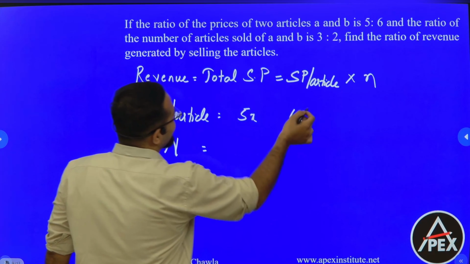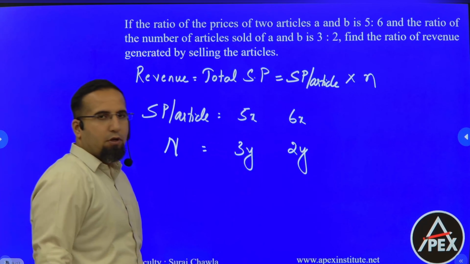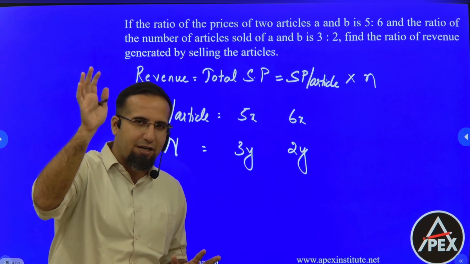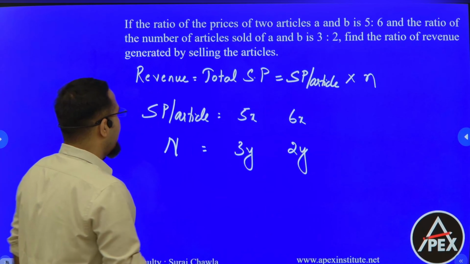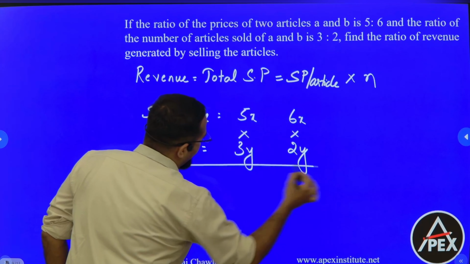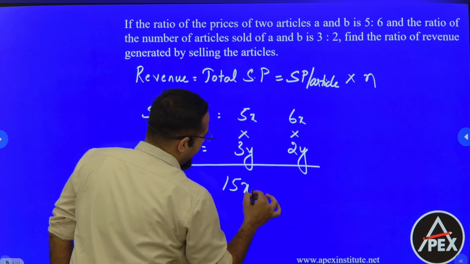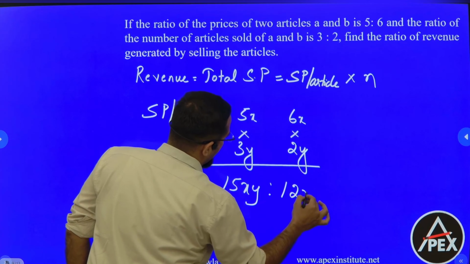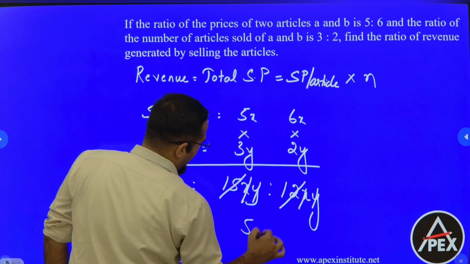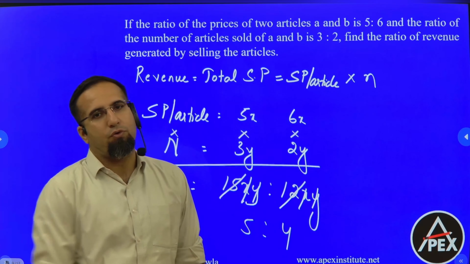So अगर ये 5x 6x हो गया तो let me assume this as 3y and 2y. अब हमको पता है guys that total selling price is selling price per article into number of articles. ठीक है? तो अगर मैं इन दोनों को मल्टीप्लाई करता हूं तो मेरा टोटल सेलिंग प्राइस का रेशियो या रेवेन्यू का रेशियो आ जाएगा. सो दिस बिकम्स 15xy एंड दिस बिकम्स 12xy. xy gets cancelled. This is 3 5s and 3 4s. That means the ratio of revenues is nothing but 5:4.